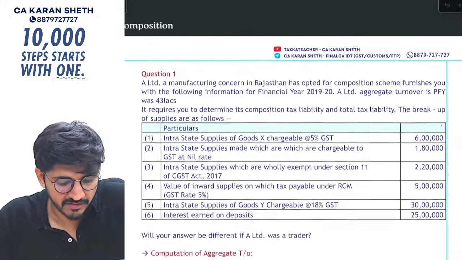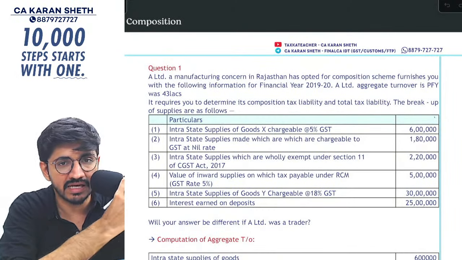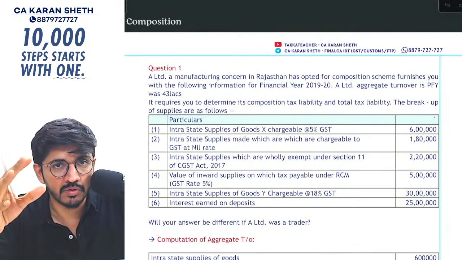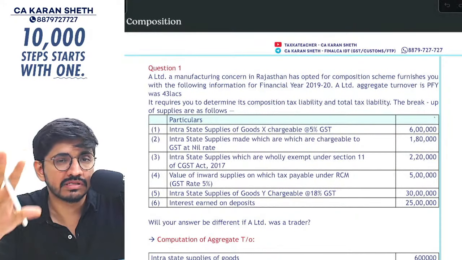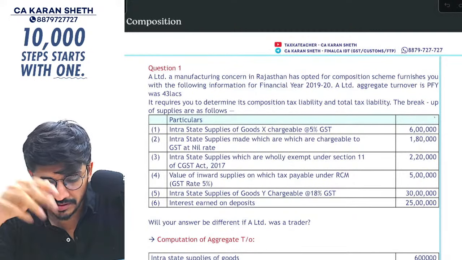The entire objective of this exercise is very simple: I just want to summarize the whole chapter, or concept, in one question.